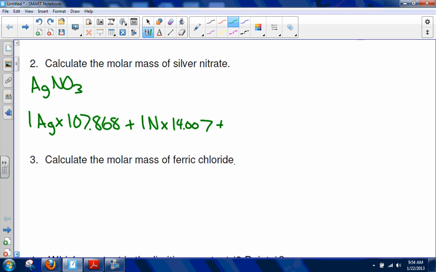Plus, I have 3 oxygen times, and I multiply all of these together, and what do I get? 169.872 grams per mole. Okay, so that's the answer for that.